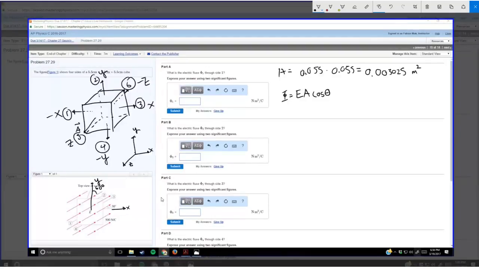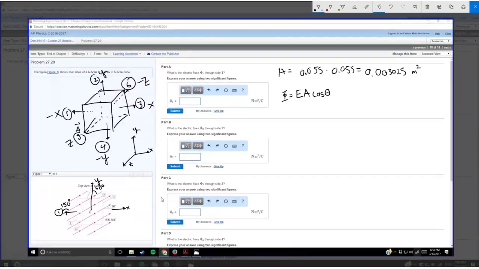So if you look at face one over here, face 1 points to the left, but E goes to the right. So technically, if you want to look at the angles, EA cosine theta, it's this angle, right? This angle would be like 150 degrees, between A and E, or between E and A.